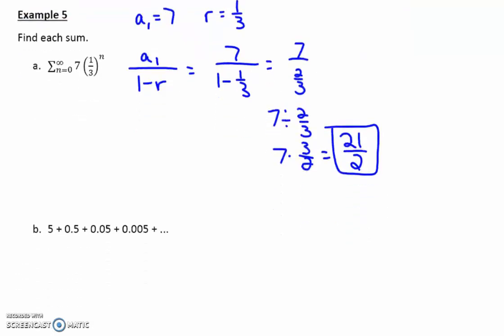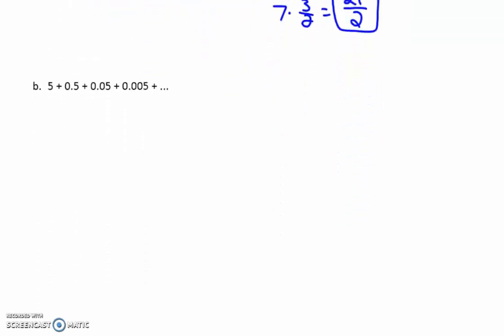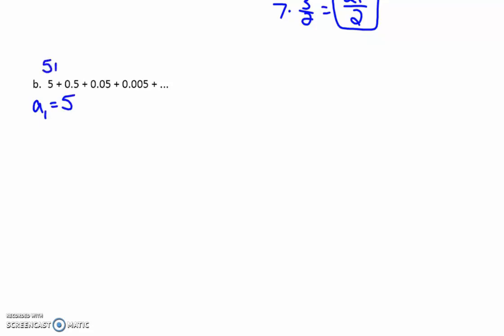Let's take a look at the second example here. So we know that a sub 1 is 5. And we can rewrite this as 5 times 0.1, and then 5 times 0.01, and then 5 times 0.001, and so on. And so we know that our r, and this is the same thing as 0.1 squared, 0.1 cubed.